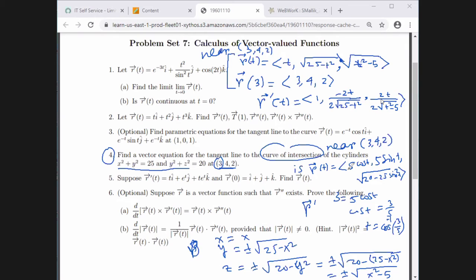If you do the derivative with the chain rule, you can cancel this 2. Now you plug in the value 3, right? So then you plug in r prime at 3. You should be able to finish it.